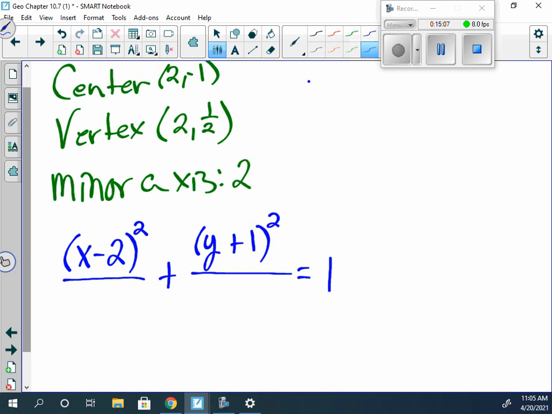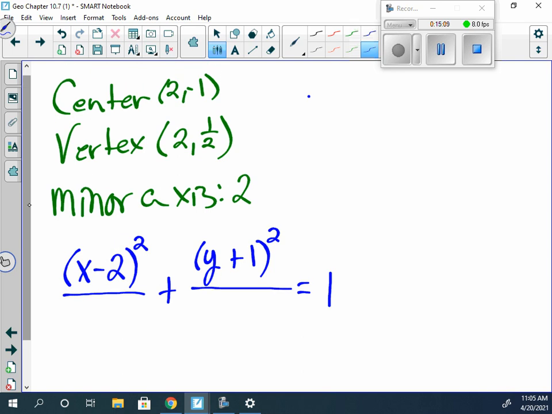Since the center is 2, -1, well, it would be x minus 2 squared would be 1. And it would be y minus -1, but the negative and negative make a positive. So we rewrite it as that there. Now, the only other things we need are A and B.